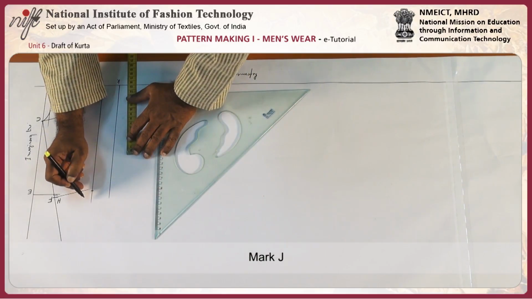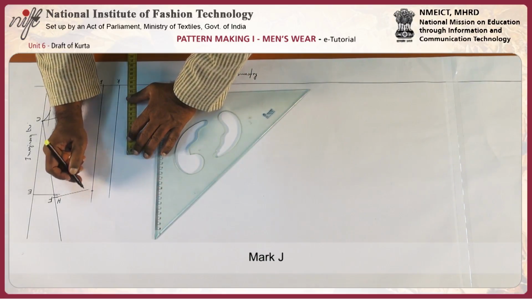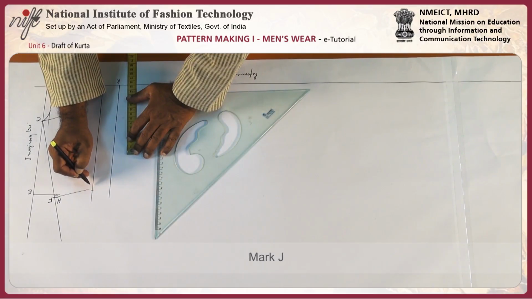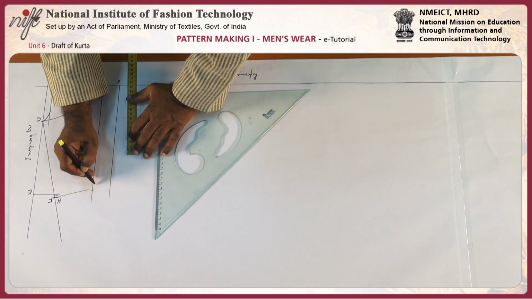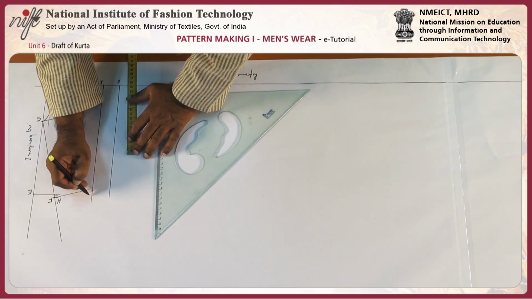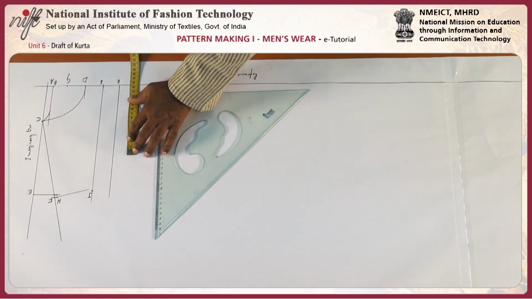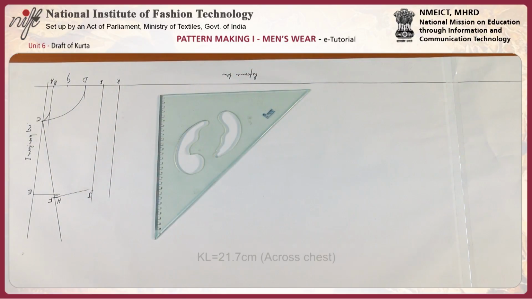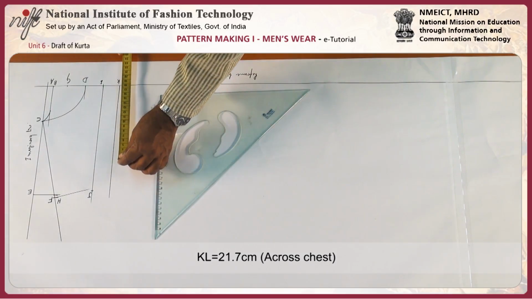Now this will be point J. K to L is across chest, or across front, 21.7 centimeter.